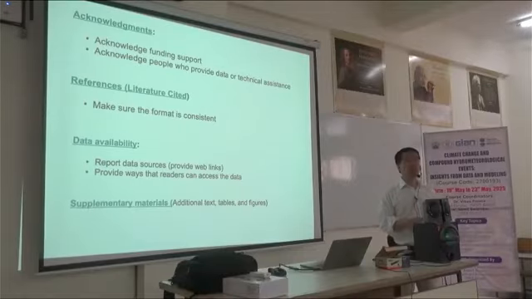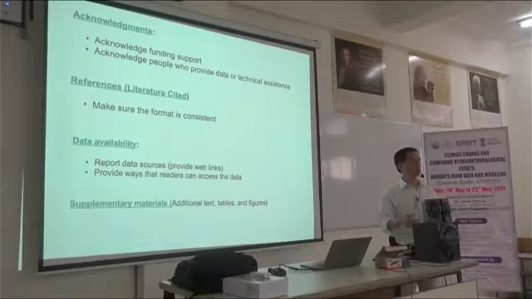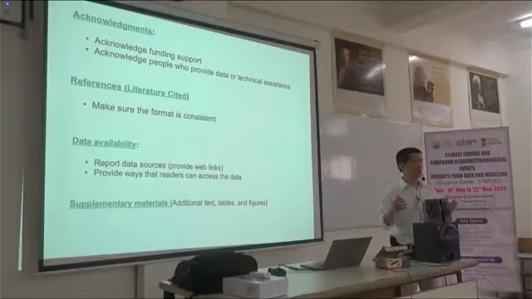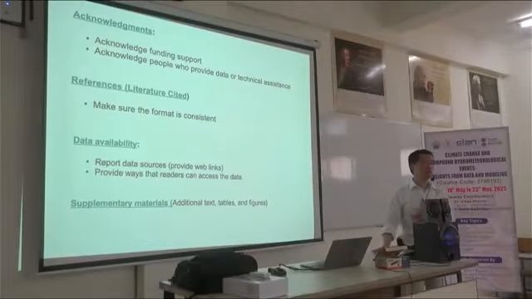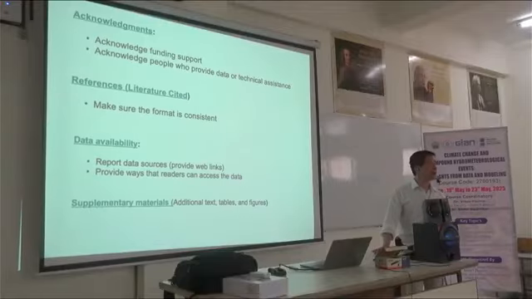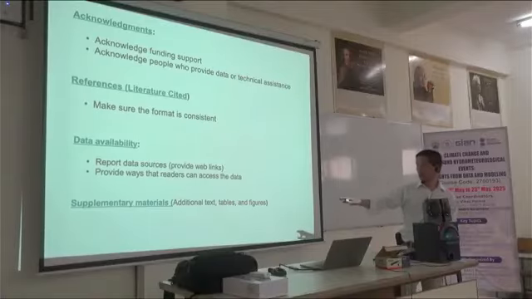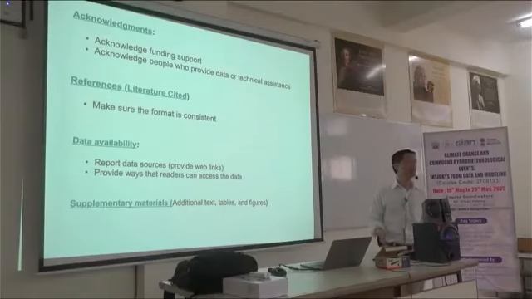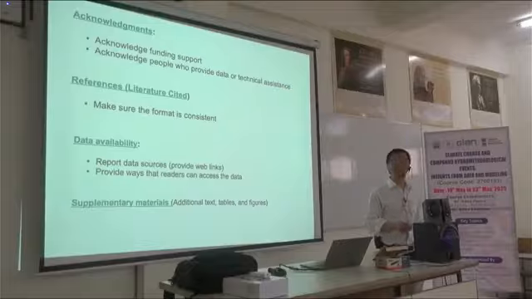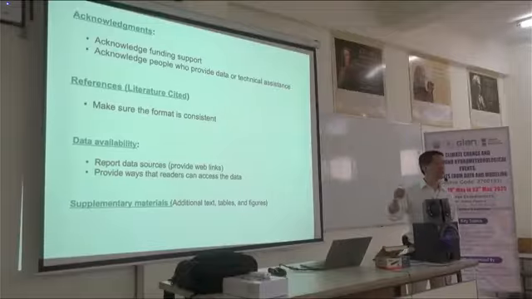But more commonly, you have supplementary tables or supplementary figures, and they are the ones actually showing the results. You use them to back up your conclusion or back up your method, to make your argument stronger. Questions so far?